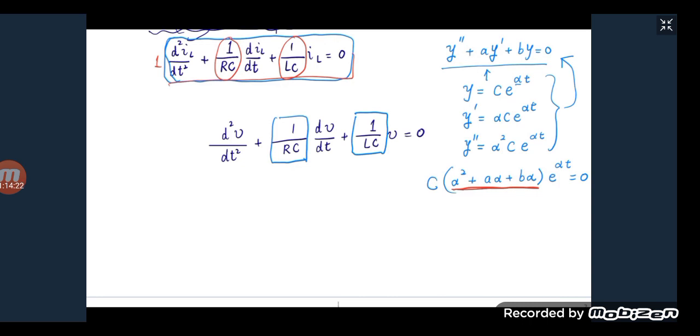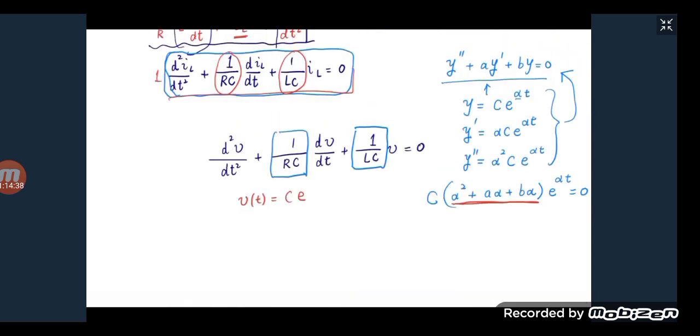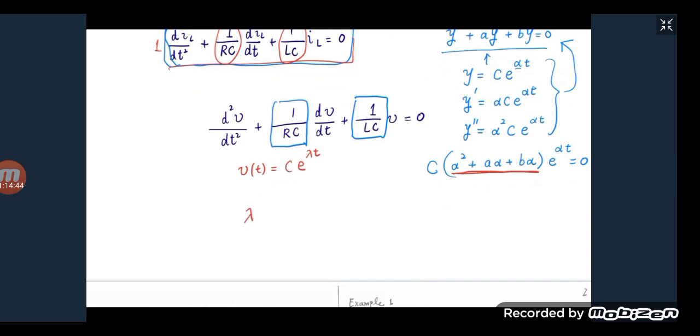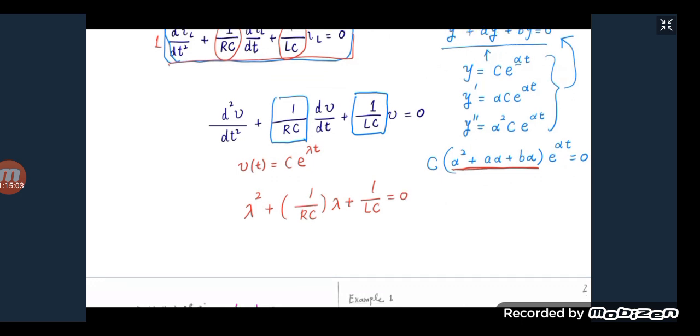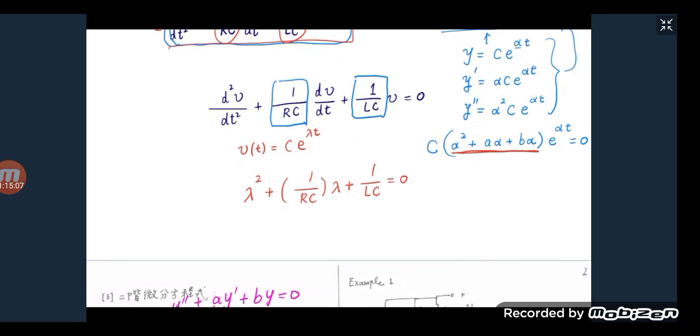So again, we can assume that V is equal to C exponential lambda t, and we can create such a second order equation, right? Okay, any questions?